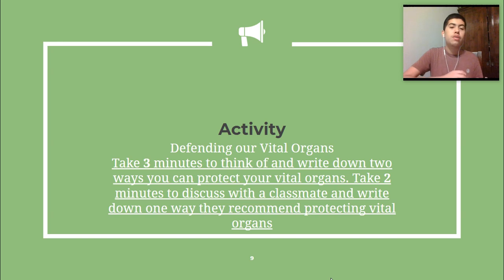Remember, when you're discussing with classmates, please maintain proper social distancing. And if you can't properly social distance from your classmate, consider just having a class discussion. So teachers, you can decide if it's safe for students to go around talking to a classmate, or if you'd rather have a discussion. Take a moment to pause the video for about 5 minutes while students complete this activity.